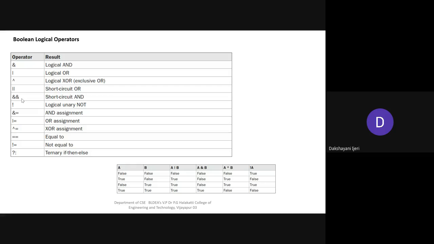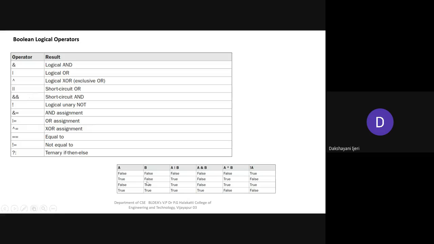Following that are the unary NOT operator, the assignment operators, OR assignment, XOR assignment, equal to and not equal to, and this is the ternary if-then-else. Following these slides, we'll have a discussion on the ternary and on the short circuit, how they are used and why they are required in any program.